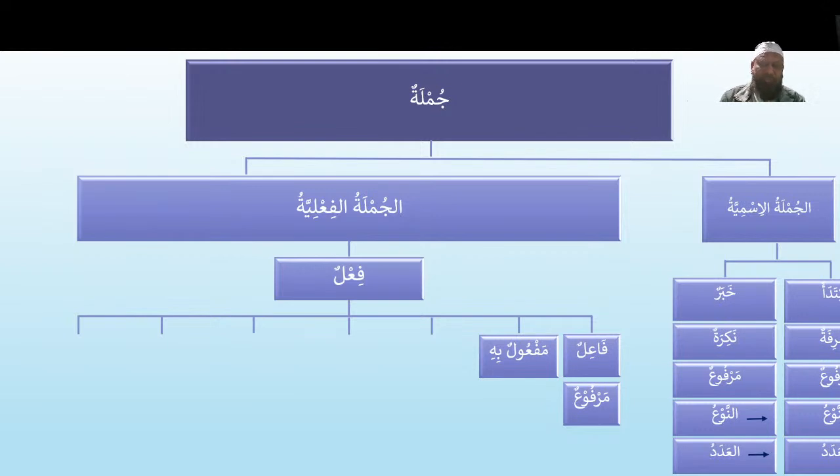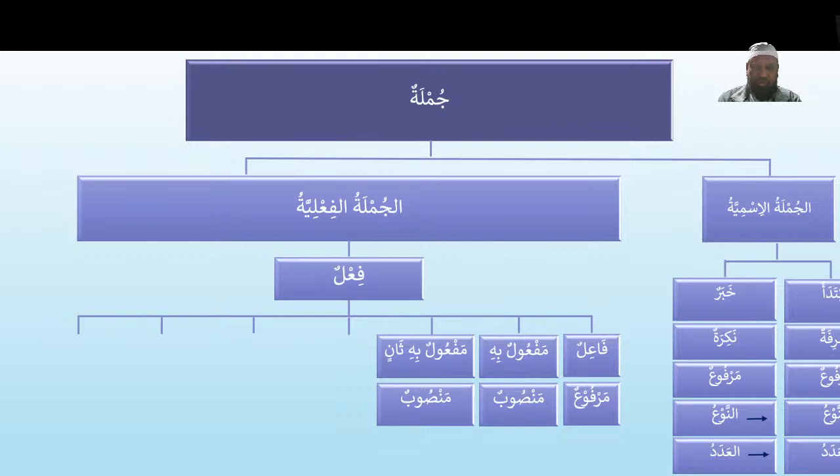Maf'ulun bihi is the direct object of the fi'l, and the i'rab is Mansubun. Another thing we've learned, Maf'ulun bihi thanin, the second maf'ul of the Jumla Fi'liya, and its i'rab is also mansubun.